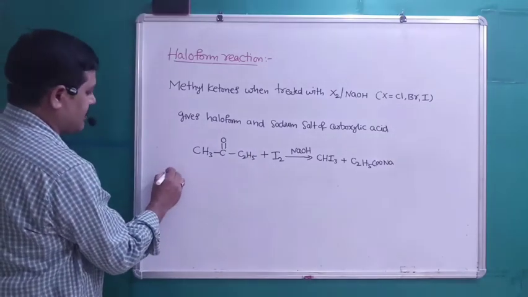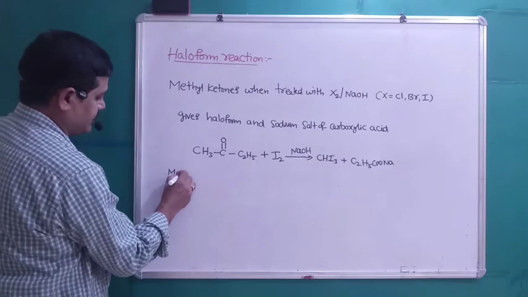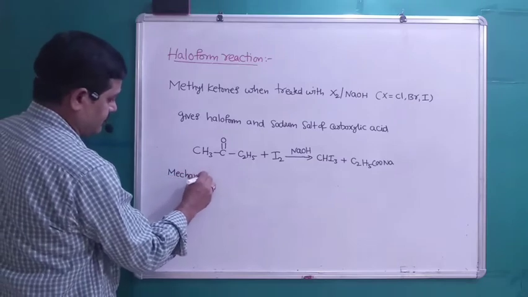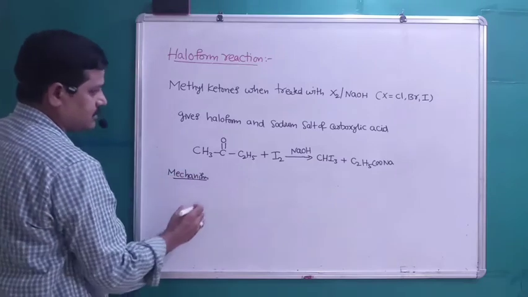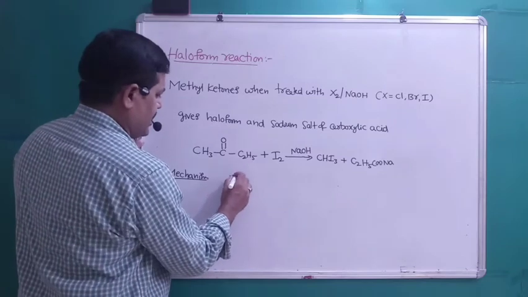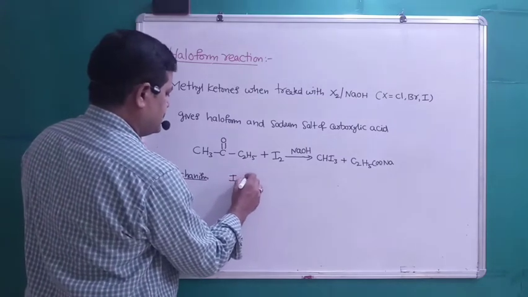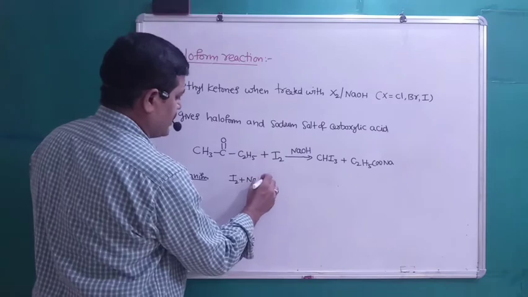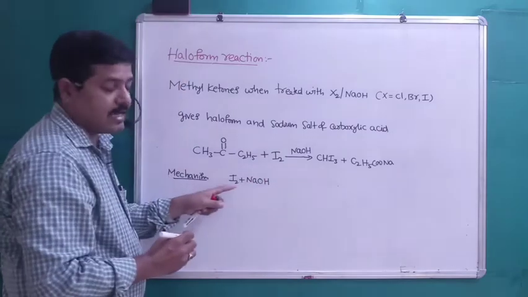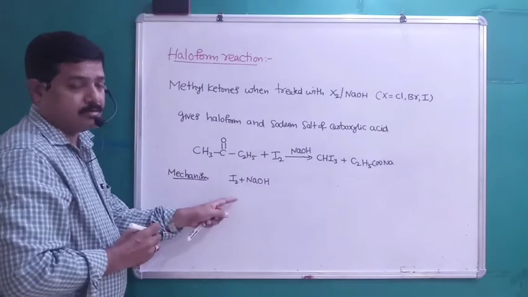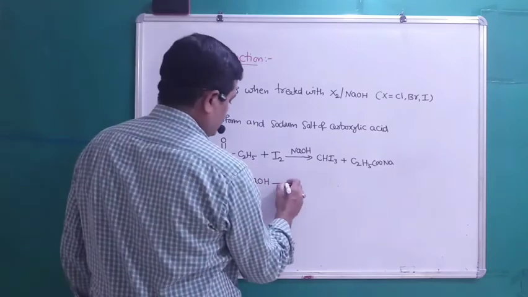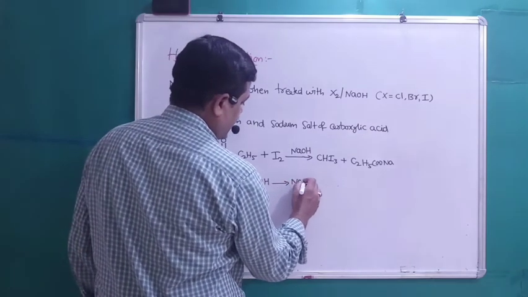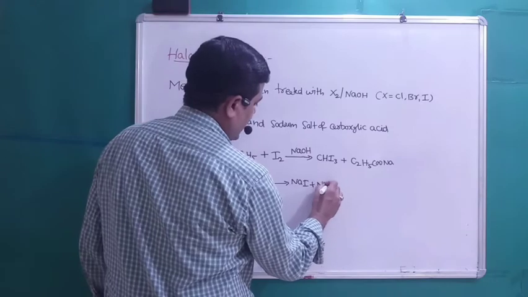Let us see the mechanism of this reaction. When I2 is treated with NaOH, it undergoes disproportionation to give NaI plus NaOI.